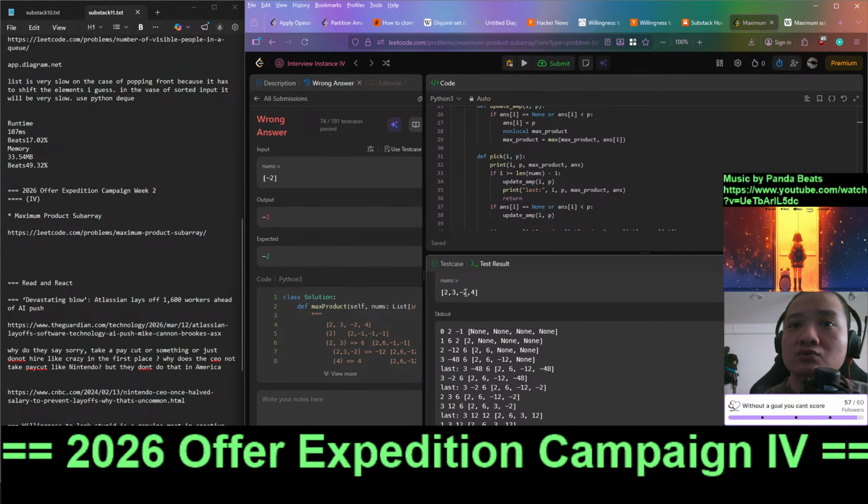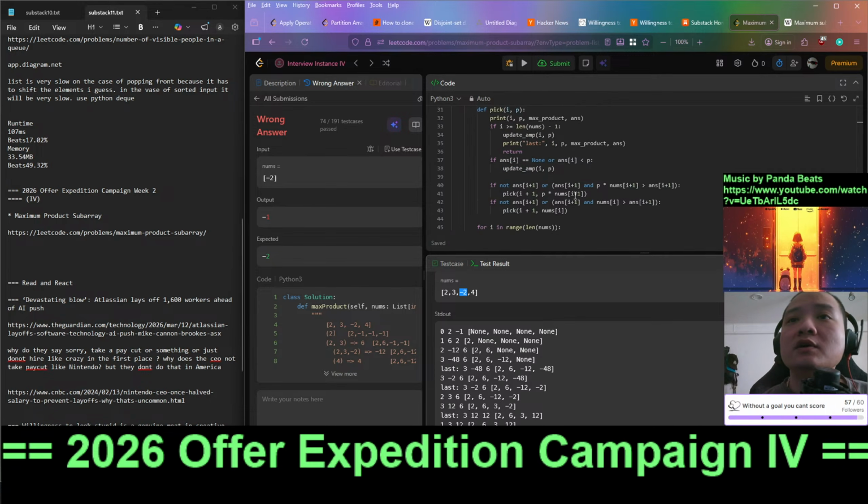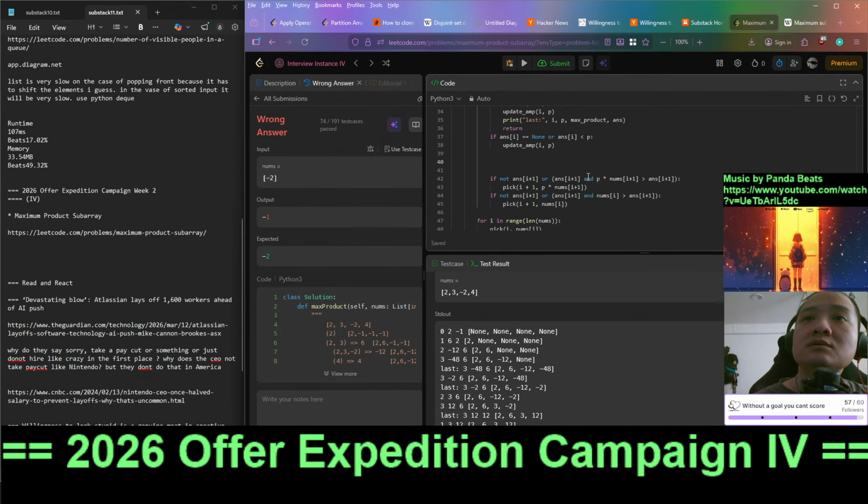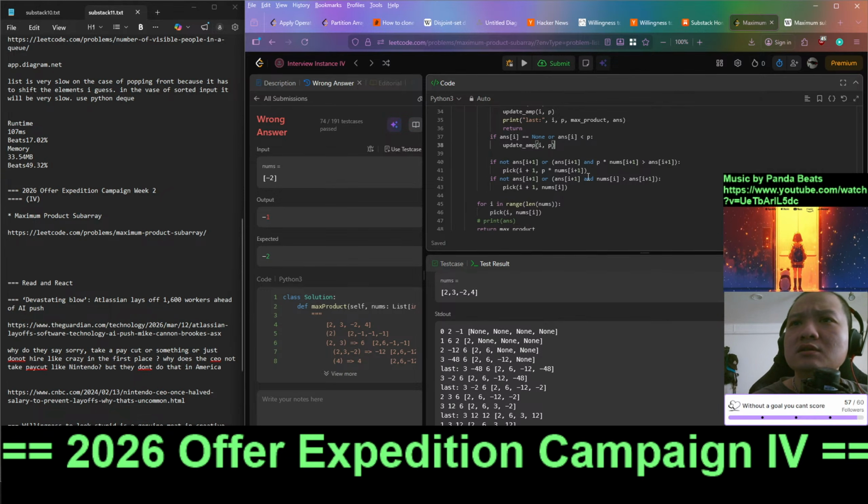0, 1, 2. Right? Either you pick the next one, you ended up with this amount, or you discard whatever you have and pick the next one, right? So basically, I think all of these can be, I think this is probably fine, but I think 0, 1, 2, 3, right?